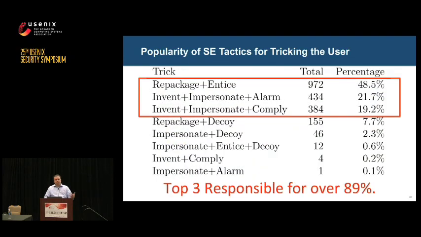Repackage entice is most popular. Invent, impersonate, alarm is next, followed by invent, impersonate, comply. And so that's the popularity of the techniques that we observe. But what you have to remember is all these are successful social engineering, right? Yeah. Because they click. I didn't have the cases where they didn't click on the executable download.